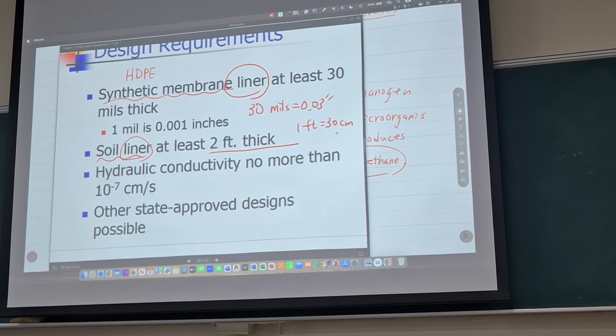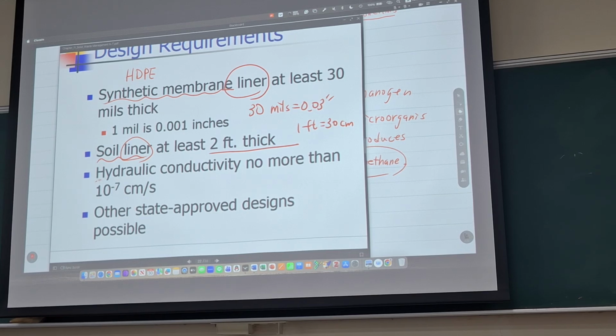Okay? And hydraulic means water. Hydraulic conductivity must be no more than 10 to the power of -7 centimeters per second.